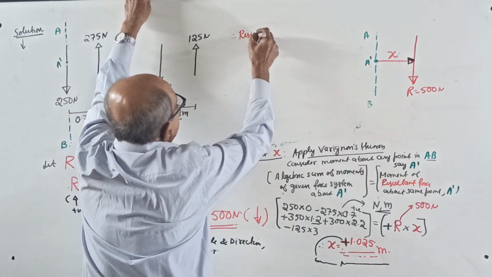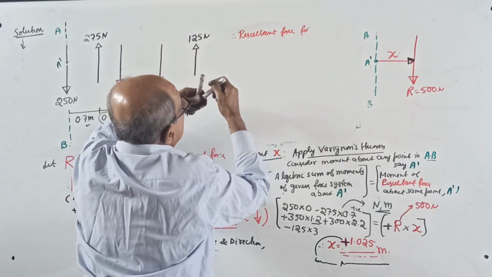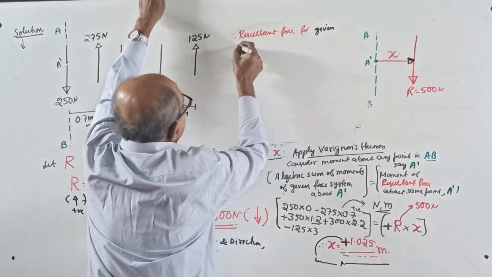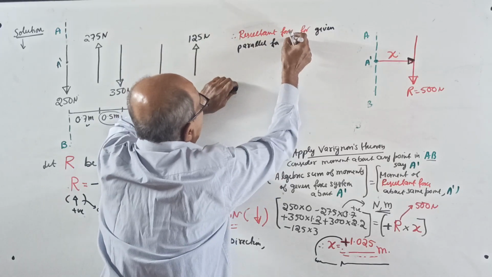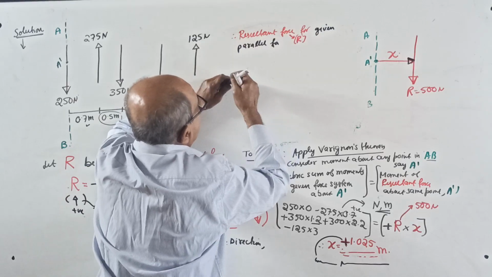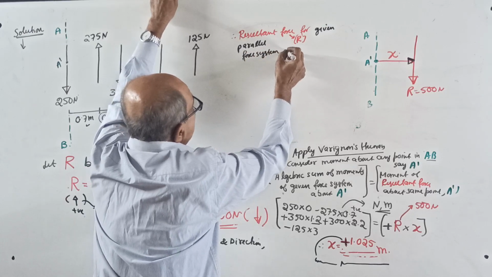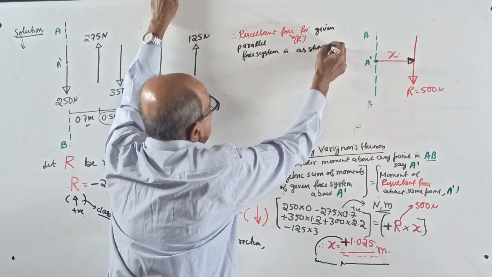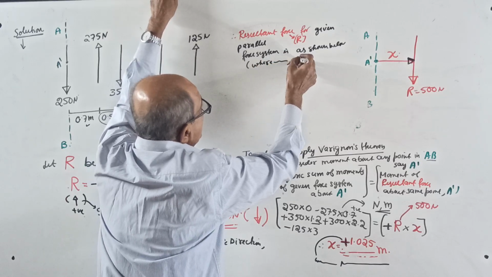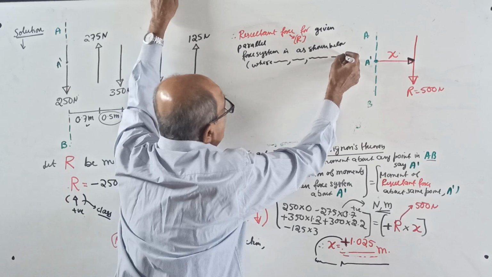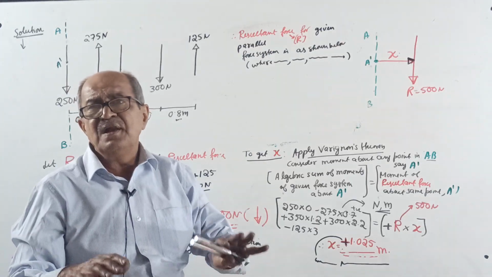Resultant force R for the given parallel force system is as shown below, where magnitude, direction and line of action are all clearly marked.